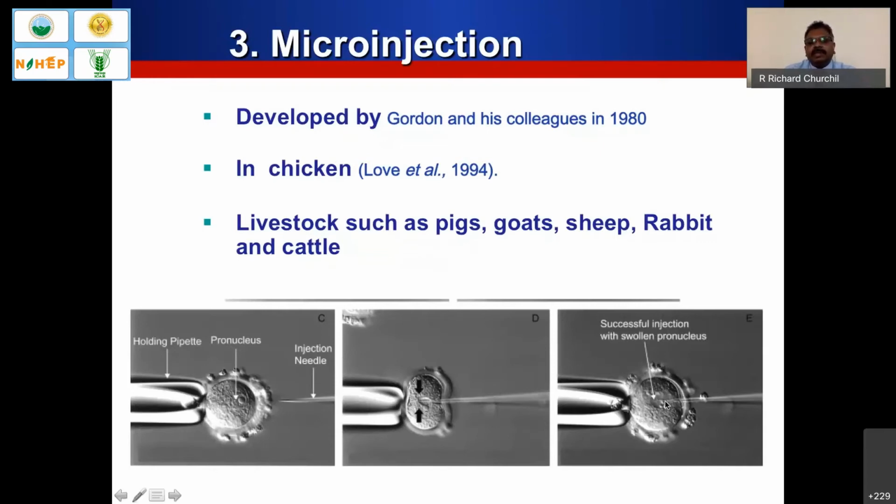So the foreign gene will get introduced, and the animal which grows out of this embryo will carry the foreign gene. There may be one copy or more than one copy of that gene in that animal.